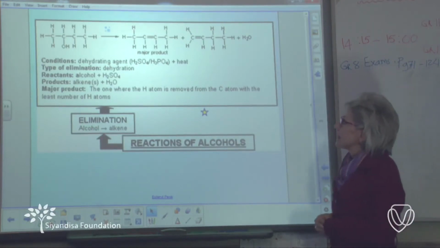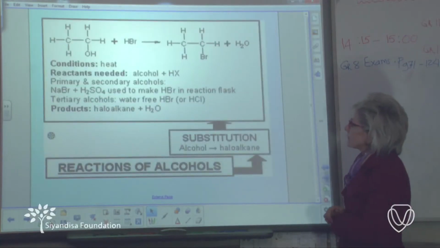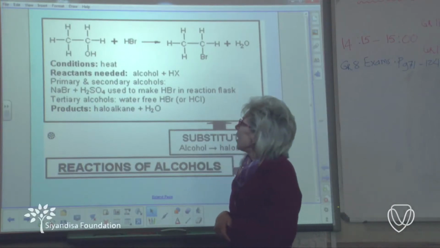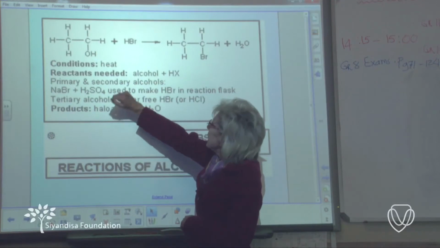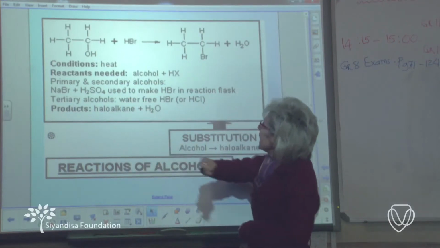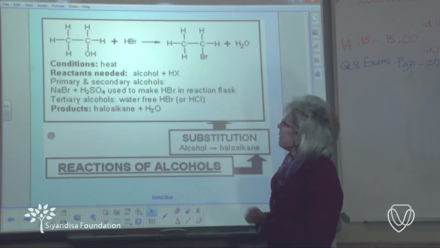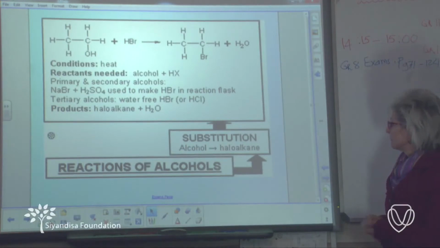Our conditions are the dehydrating agent and heat. Then also, if we have an alcohol and we react it with a hydrogen halide, then we end up with the hydroxyl group being substituted by the halogen, and water as our second product.